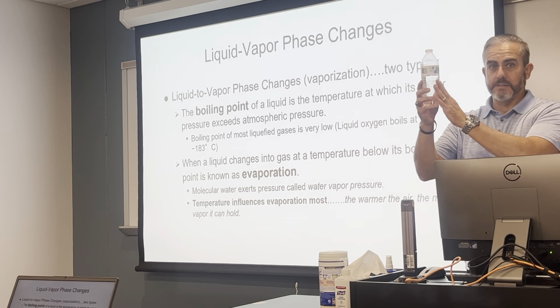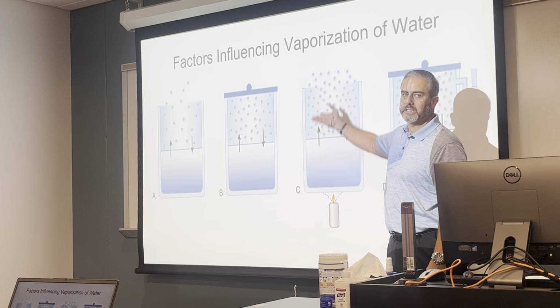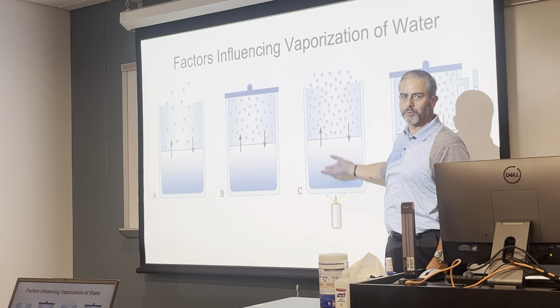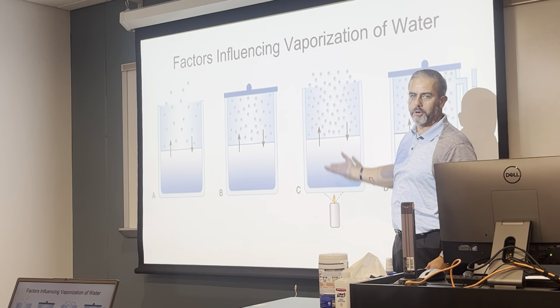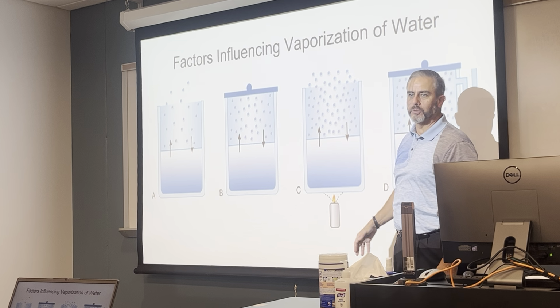Now, what's the greatest influence we have on evaporation? Temperature. If you heat this liquid, you will significantly increase evaporation and water vapor. We know that with our humidifiers. I don't get too much into the equipment yet because we have a whole chapter on that. But when I heat a humidifier, guess what happens to the moisture output?